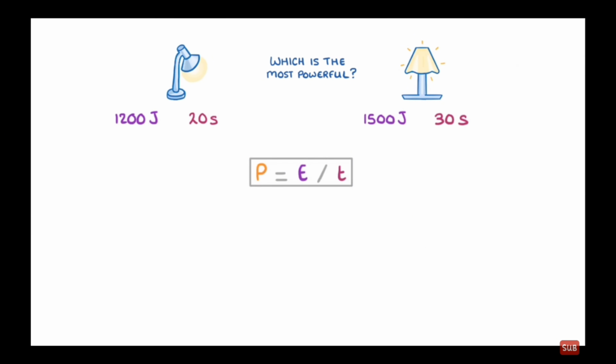For the left lamp, we'd do 1200 joules divided by 20 seconds, to give us 60 watts as the power. And for the right lamp, we'd divide 1500 joules by 30 seconds to give 50 watts. So we can tell that the left lamp is more powerful. If you look on your lamp at home, there may well be a label telling you its power.